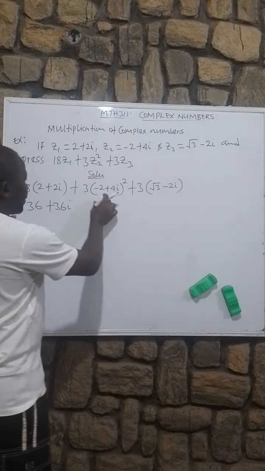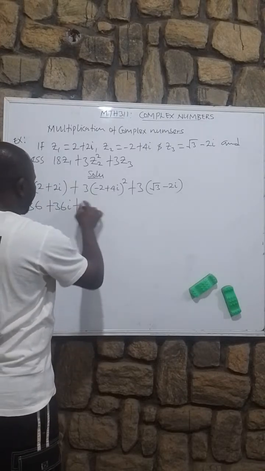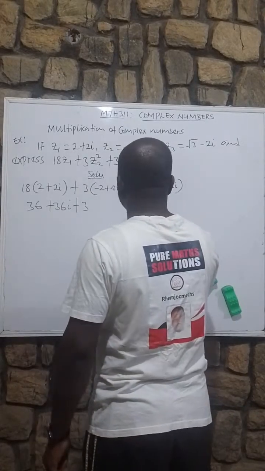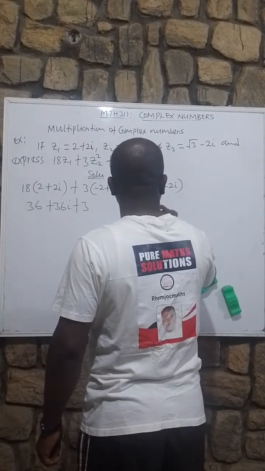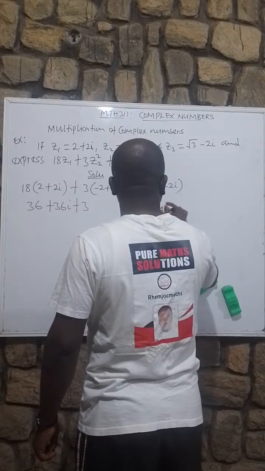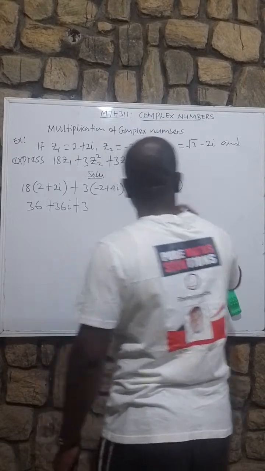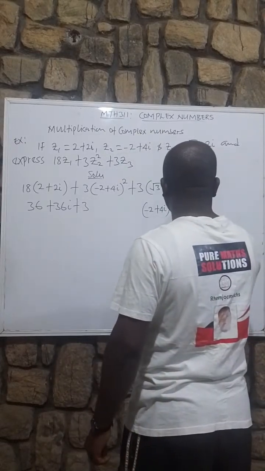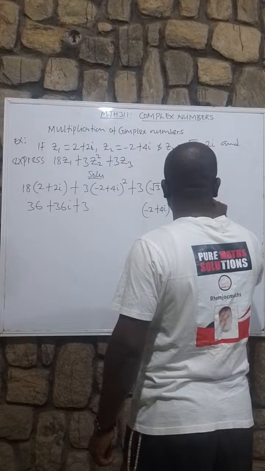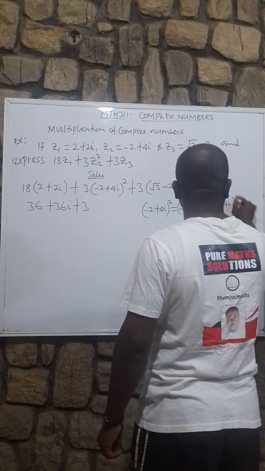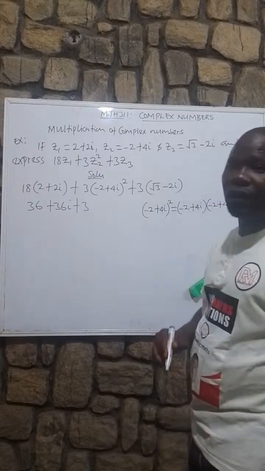Then here, plus 3 first. If we have minus 2 plus 4i all squared, this is the same thing as minus 2 plus 4i times minus 2 plus 4i, right? Two of us.